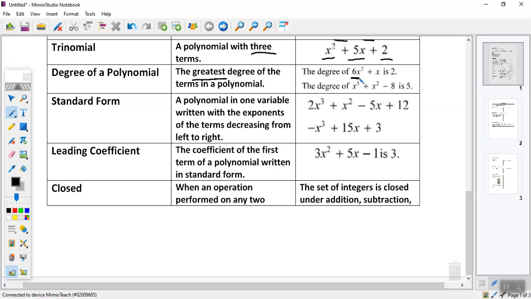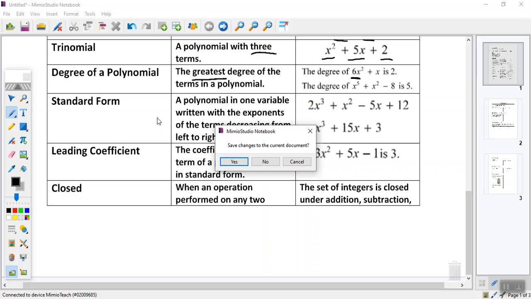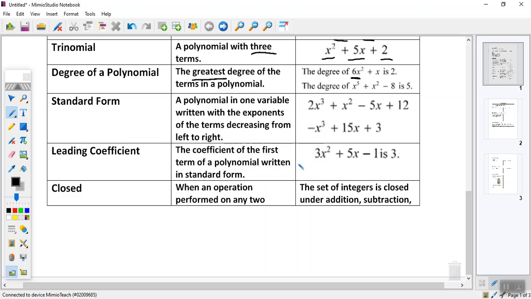We need to understand standard form. Standard form is a polynomial in one variable written with the exponents of the terms decreasing from left to right. As an example, this is in standard form because 2x to the 3rd... What happens to my powers as I move from left to right?